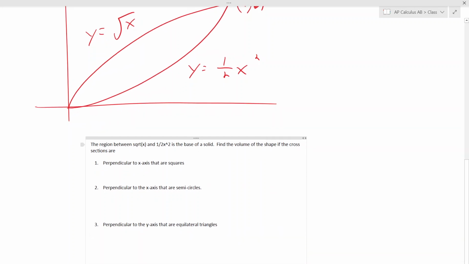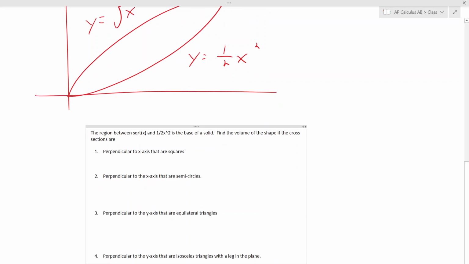And we'll do one more just for fun. Perpendicular to the y-axis that are, you ready? This is a good one. Isosceles triangles with a leg in the plane. We'll talk about that in a second.